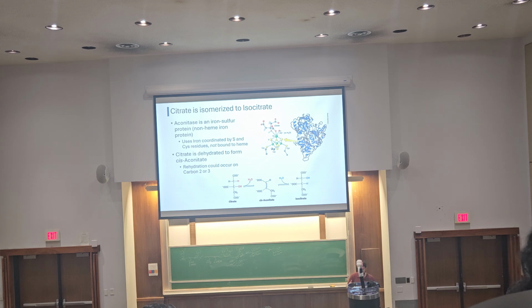It uses iron coordinated by inorganic sulfurs and with cysteine residues, the sulfhydryl residues on cysteines, to coordinate a bunch of irons. Okay? In this case, what the irons are doing is helping to align citrate in the active site of aconitase, right? By providing coordinate covalent binding sites that can bind with the oxygens on citrate. So it's helping to position it in the correct way so that the dehydration and hydration reactions can proceed.